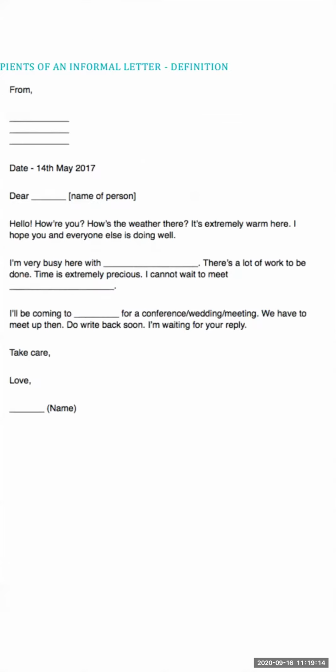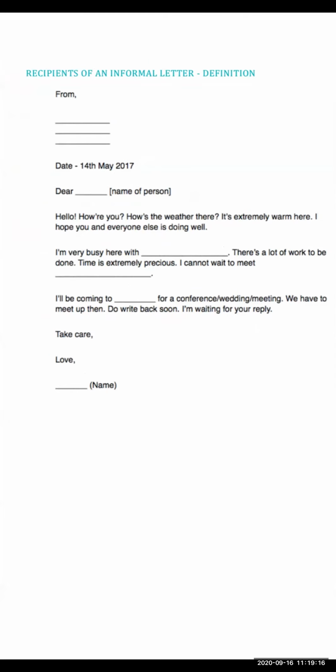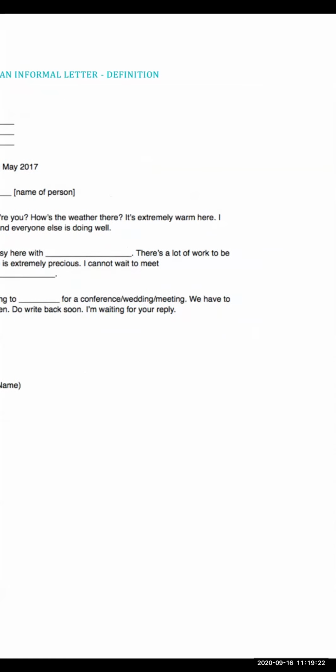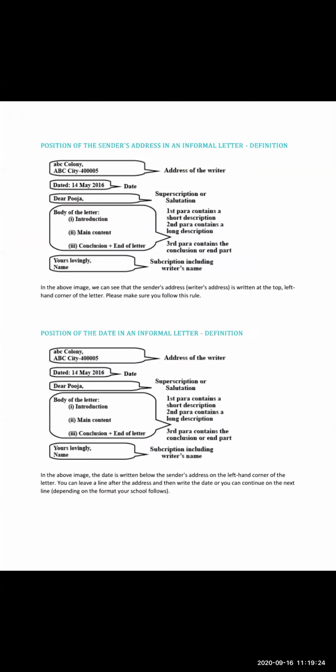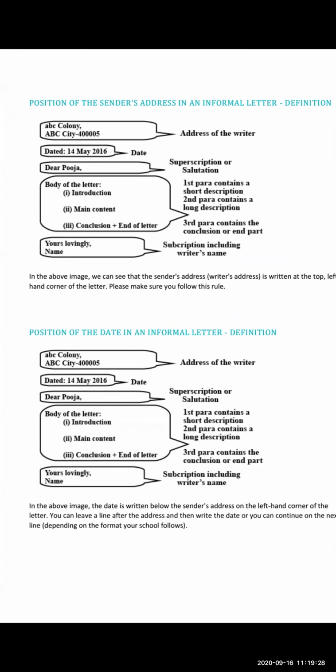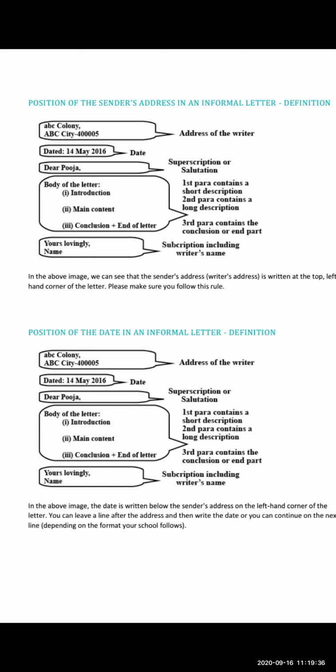Now see, first we see the position of the sender's address in an informal letter. So see, ABC Colony, ABC City 40005. This is the address of the writer.